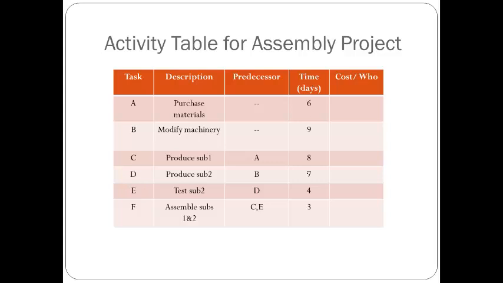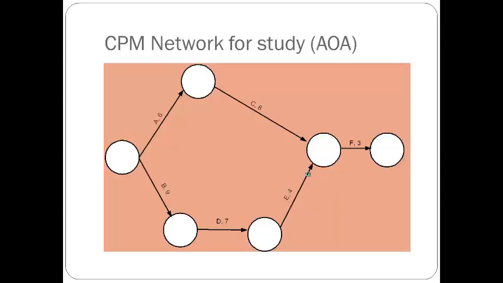Now we're going to draw the network. We're going to draw the activity on arrow network. So remember when we draw it, what's the first step? We have a circle, and that represents the event of starting the project. Good. Okay.